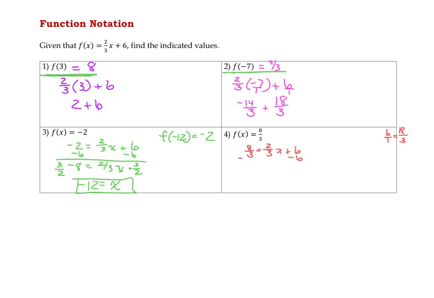So I'm going to subtract 18/3 on this side and get -10/3 is equal to 2/3 x. Multiply both sides by the reciprocal. So x is now going to equal -5.